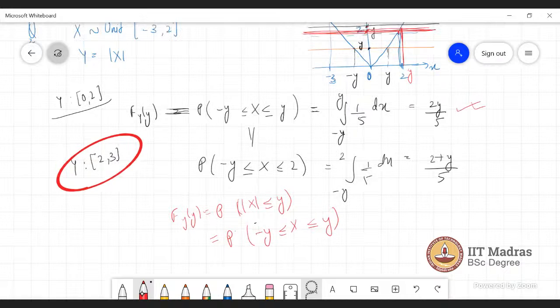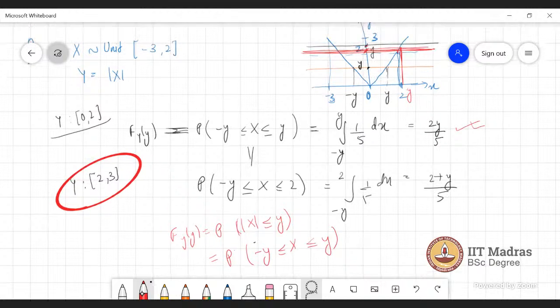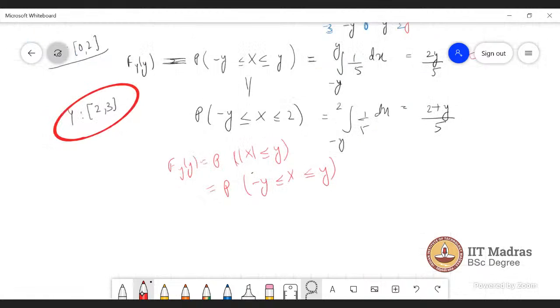Our x was lying between minus 3 to 2, so your x cannot lie beyond this range. So we can restrict this y to 2.